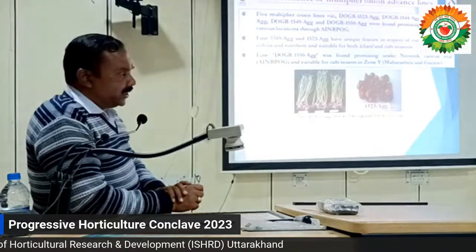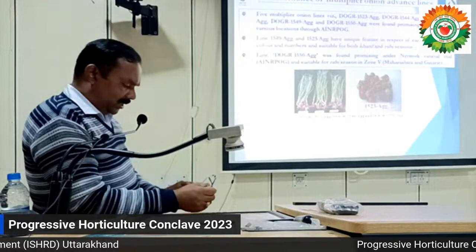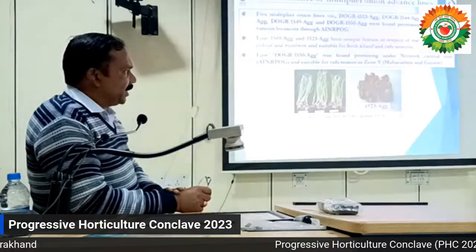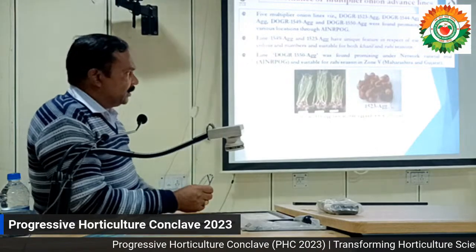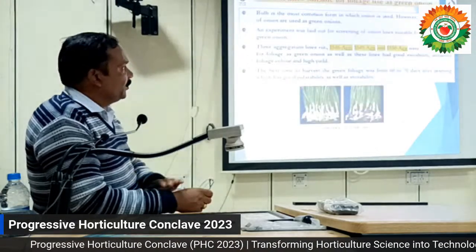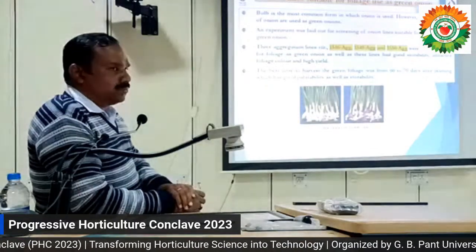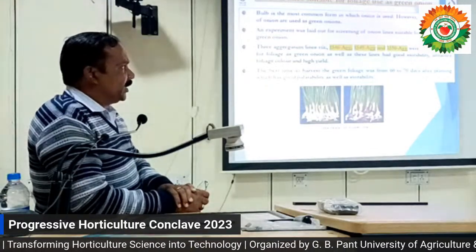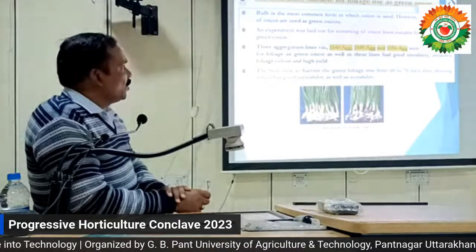We are working on multiplier onion, and our 5 multiplier onions are under the network trial, out of which 1 multiplier onion was found suitable for South India, that is, Maharashtra and Gujarat, zone 5. We have also evaluated onion for green utilization.